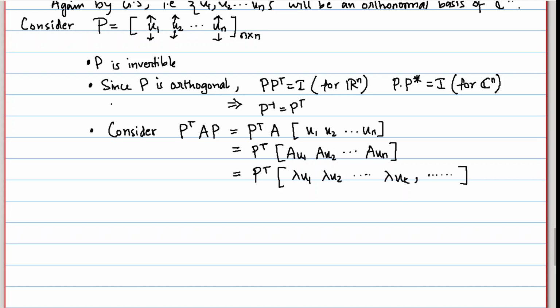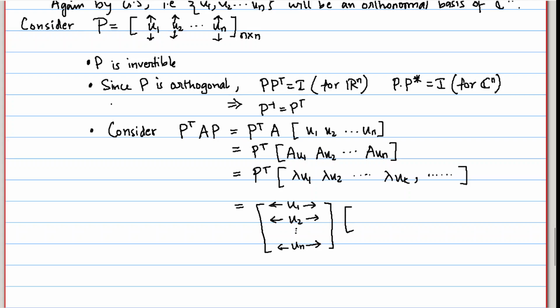So what would this be? Recall that in P transpose, the first row will be u1, the second row will be u2, and so on, and the last row will be un.